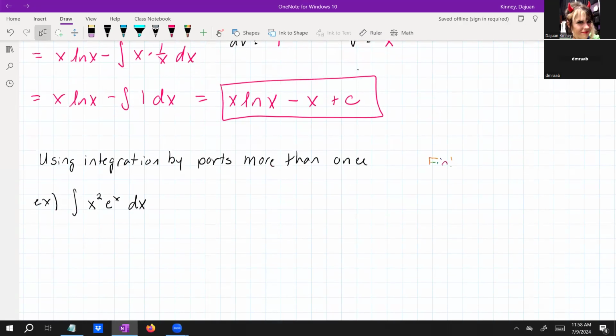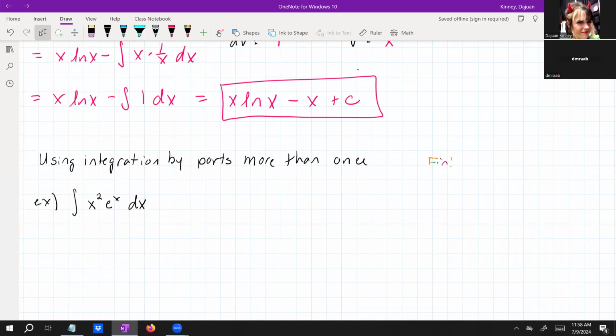Okay, the last example, say we use integration by parts and our new integral is still really nasty. Well, do it again. And you can keep going until you can get to something that's easy to work with. If we do trig, you can get to one where you just kind of go in circles, and then there's a trick for that too, but luckily we don't have to deal with that.